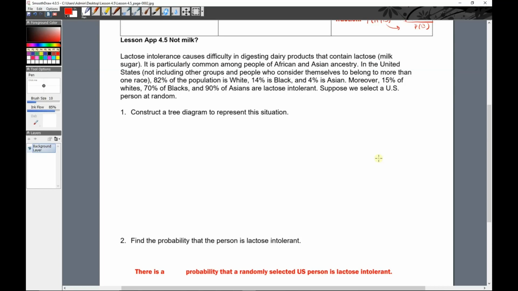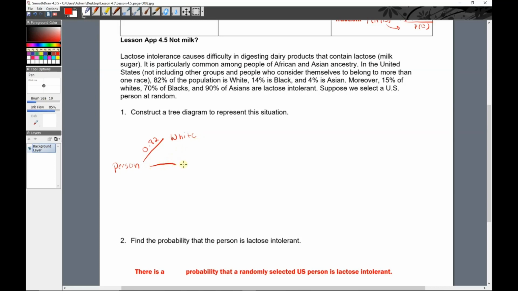So suppose we select a US person at random. That's where we're going to start. We'll just write person, and we're going to do a split 3 ways. Up here, we'll have 0.82, and this would be for the part of the population that's white. 82% is white.